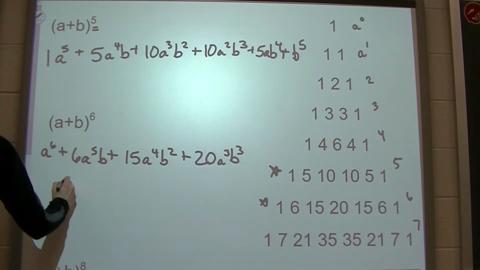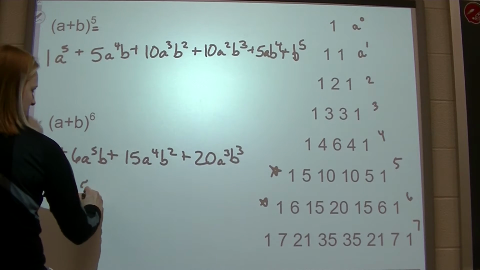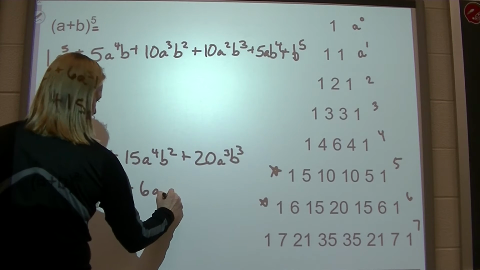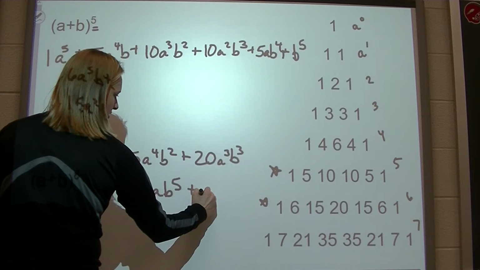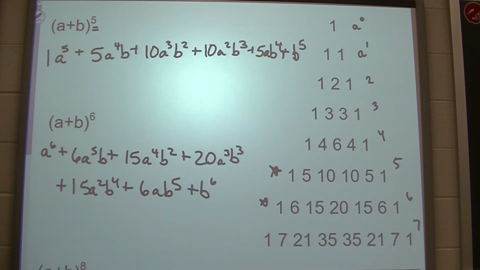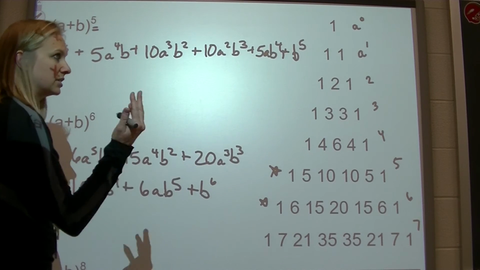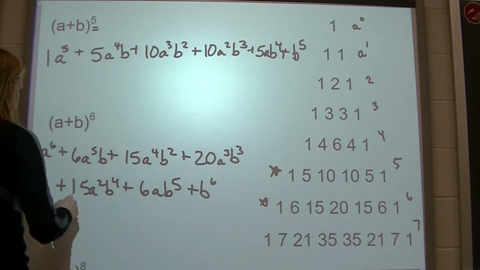And then plus 15a squared b to the fourth plus 6a b to the fifth, and then plus b to the sixth. Because a is now gone, or it's a to the 0, which is 1, and then we have 1 b to the sixth, which is just b to the sixth.